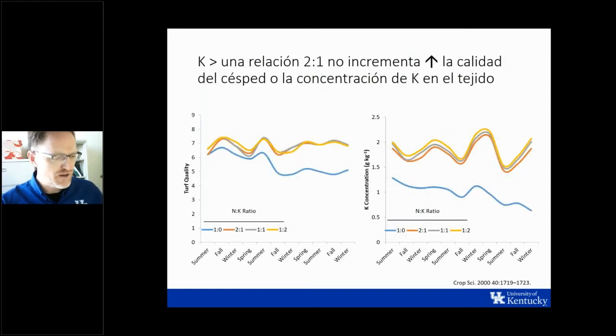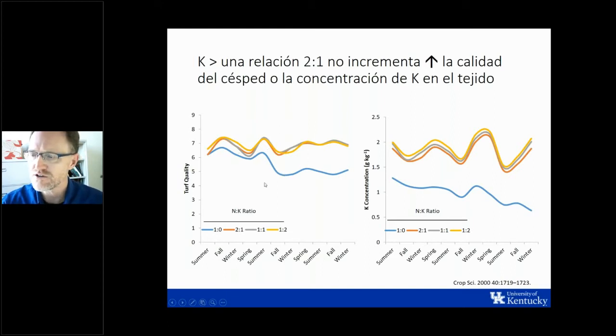Okay, so when we apply these, we want to apply potassium relative to our nitrogen. And so what we've done is, well, I didn't do it, another professor did it. They went out and looked at these different nitrogen to potassium ratios, and the turf quality that we're looking at is 6, and we're looking at this for over 2 years. And this blue line is no potassium applied.